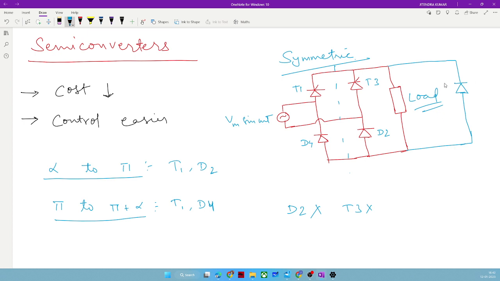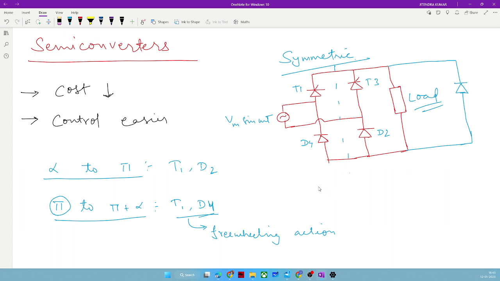But those diodes are not present for now, so they will freewheel across T1 and D4, since T1 is not going to turn off until T3 turns on, and D4 is turned on immediately as we cross the instant pi. So T1 and D4 are doing freewheeling action. For clarity, we will remove this.